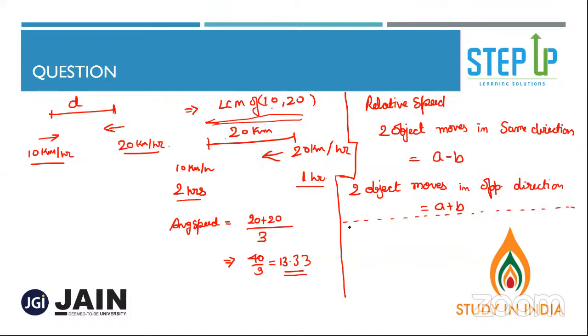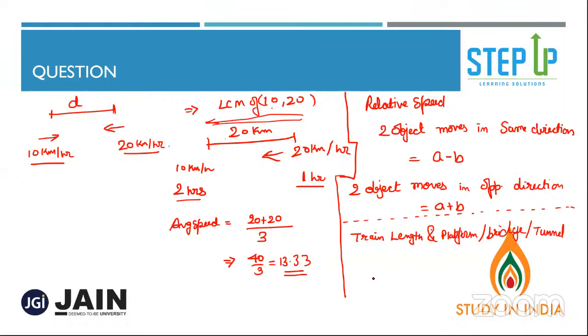So if train length is given and platform length is given, what will be the total distance? If train length is given and platform length or bridge length or tunnel length is given, what will be the total distance?